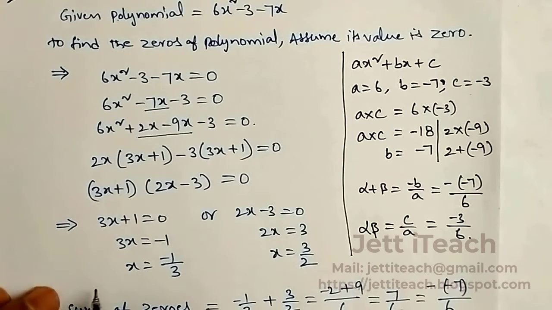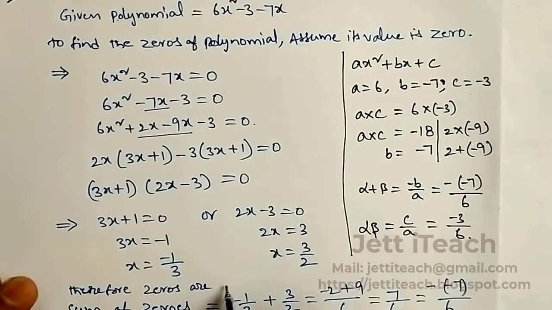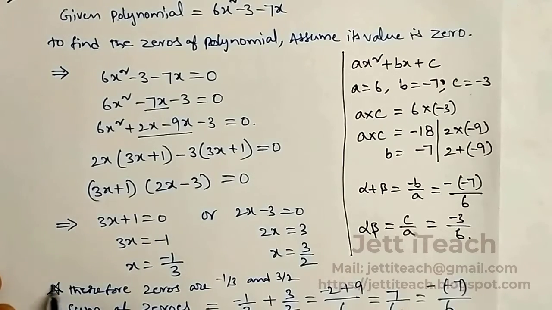So here I need to write: therefore zeros are minus 1 by 3 and 3 by 2. Okay, so zeros are these two.